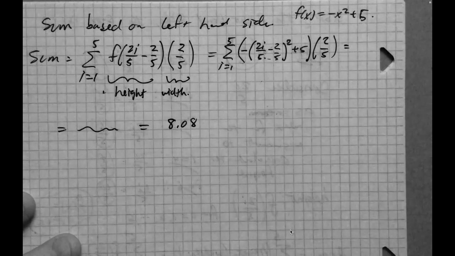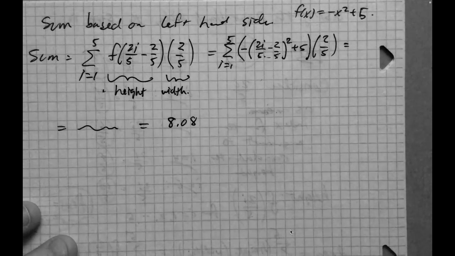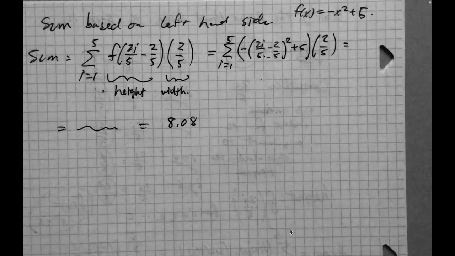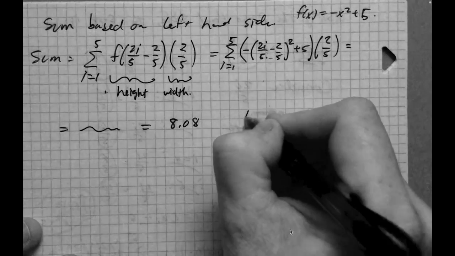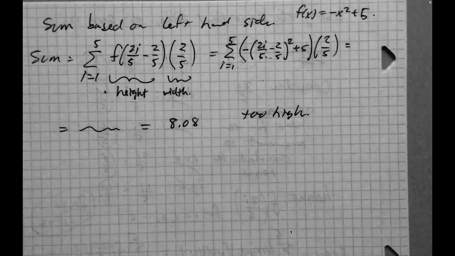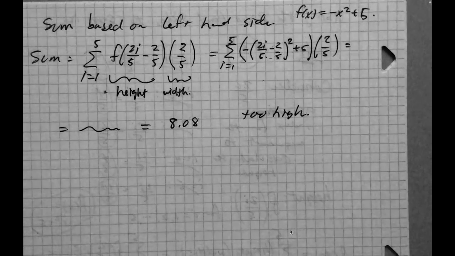Now remember, this is an approximation. Is it going to be a low or high approximation? This one would be too high. We're only using 5 rectangles, so it's definitely not going to be precise.